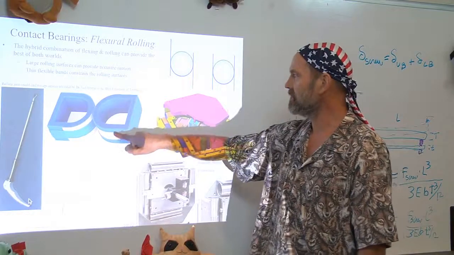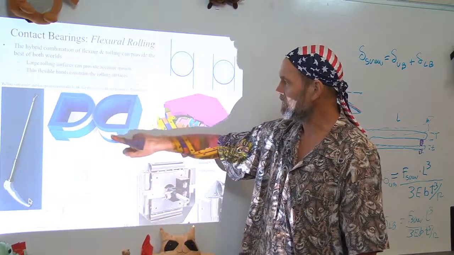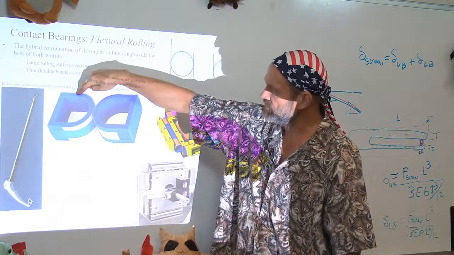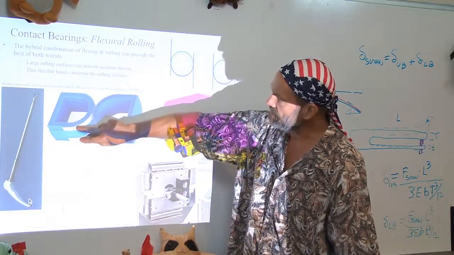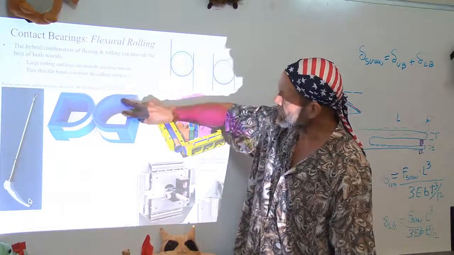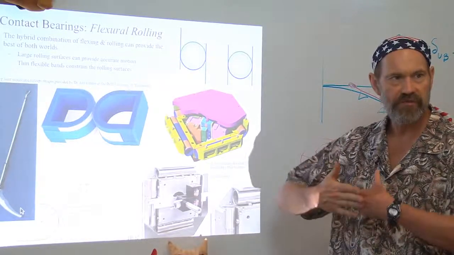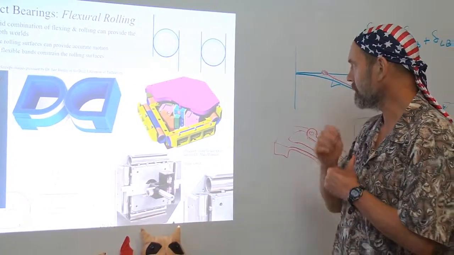These bands, see this wide band here, it comes through, goes between these two bands and wraps around on the other side of this structure. These two bands come in, wrap around, and then attach on this side of this structure. This forms a rolling flexural contact bearing.